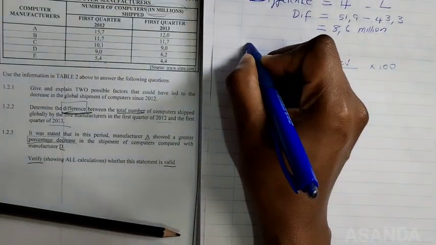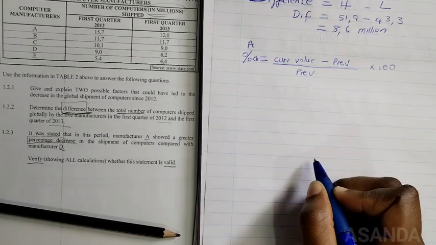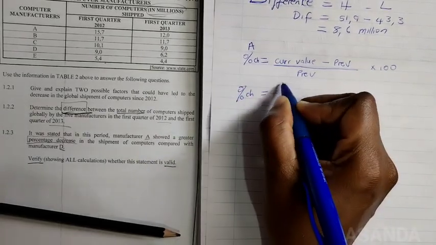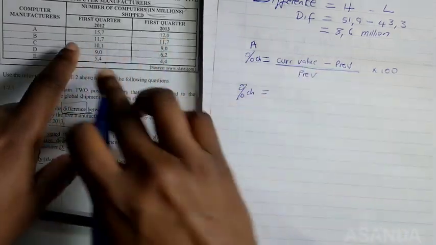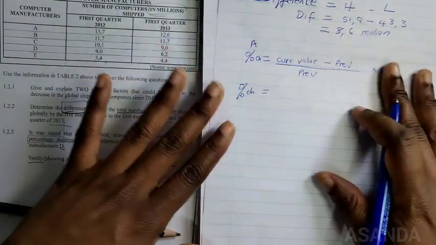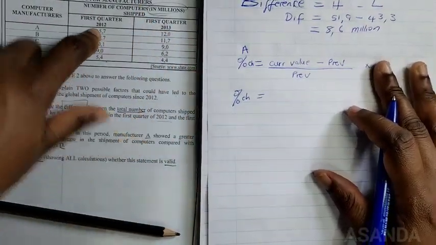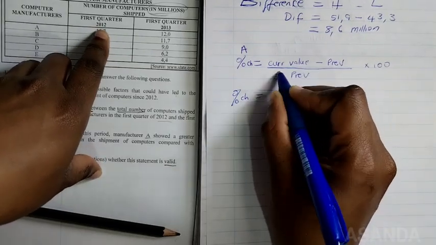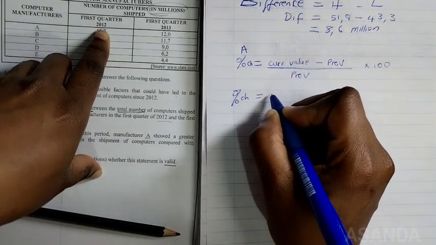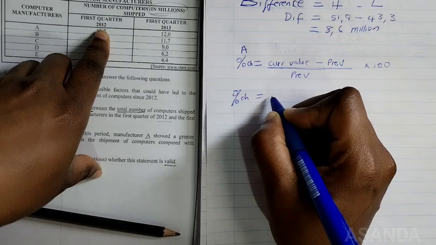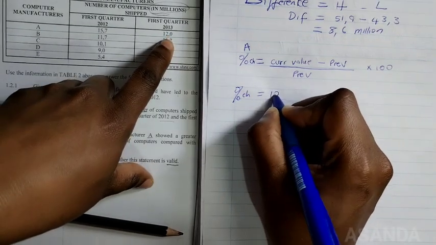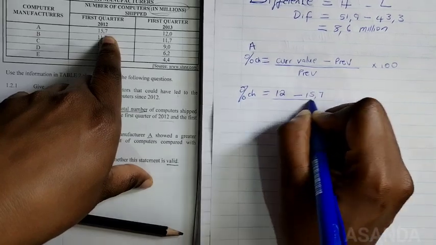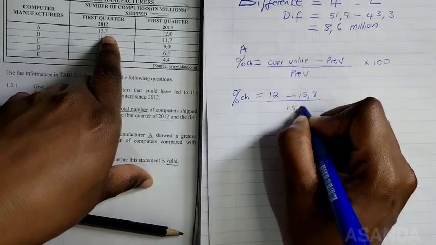Okay, so we're going to do for company A, and then we're going to substitute. So percentage change for company A is equal to current value. If we are in 2013, then current is 2013 and previous is 2012. So that's 12 minus 15.7 divided by 15.7.